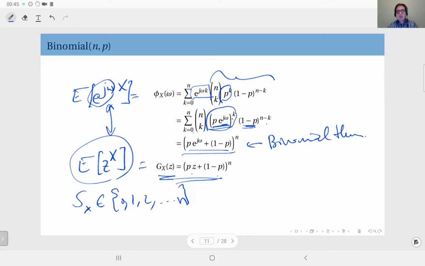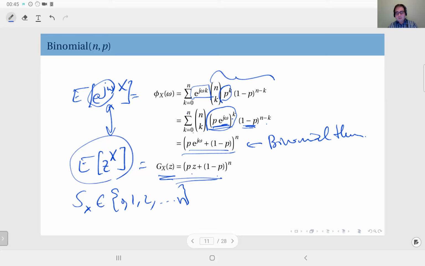Okay, so these are all quantities that can be modeled using a binomial distribution. We have observed the expected value, the second moment, the variance, the characteristic function, and the probability generating function.